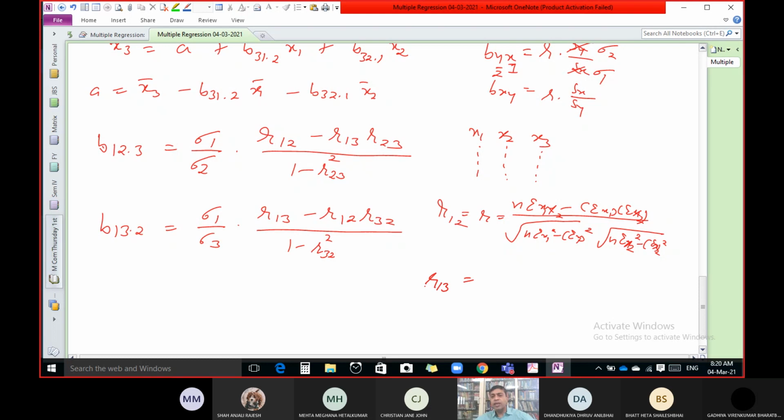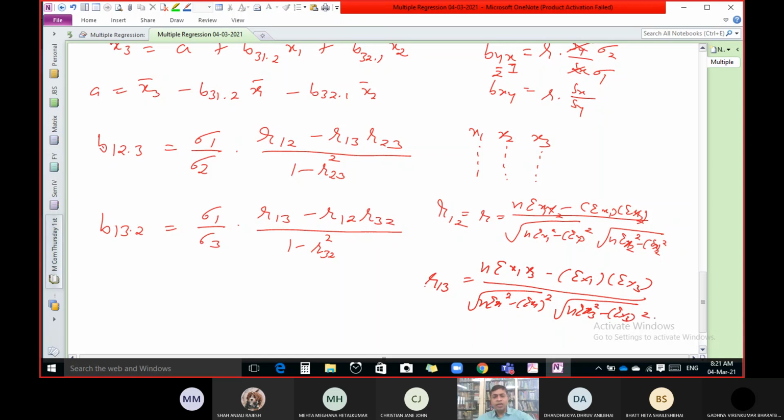So how to calculate R13? It is like this: n sigma x1 x3 minus sigma x1 sigma x3 upon square root of n sigma x1 square minus sigma x1 the whole square, second square root of n sigma x3 square minus sigma x3 the whole square.